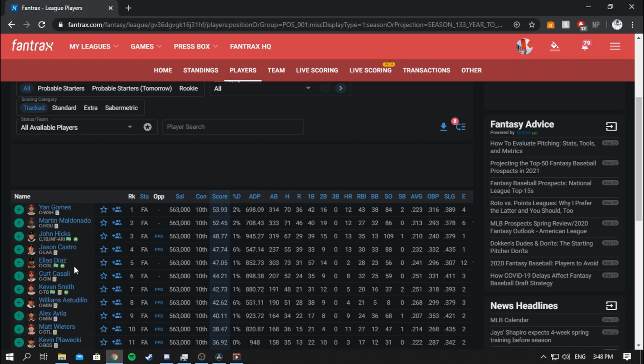So those players can be put in your minor leagues, and they do not count towards your 40-man roster. They do not count towards your salary cap, and you can keep them there as long as you want.